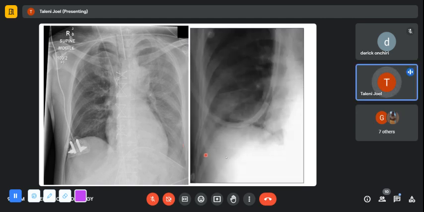Yes, and then this image here is also demonstrating a right-sided pneumothorax. So what we see is that the right hemidiaphragm is sharply outlined by this hyperlucent line.